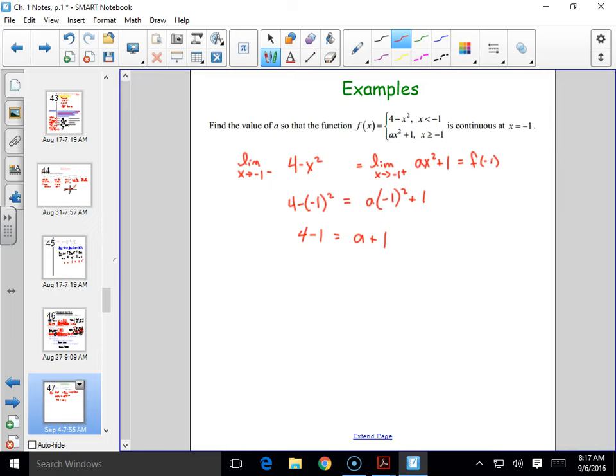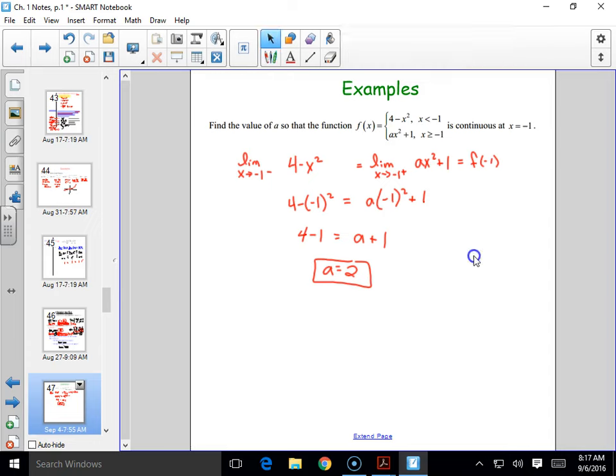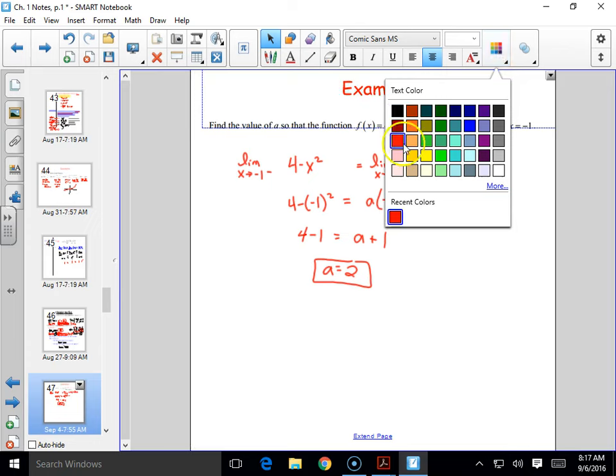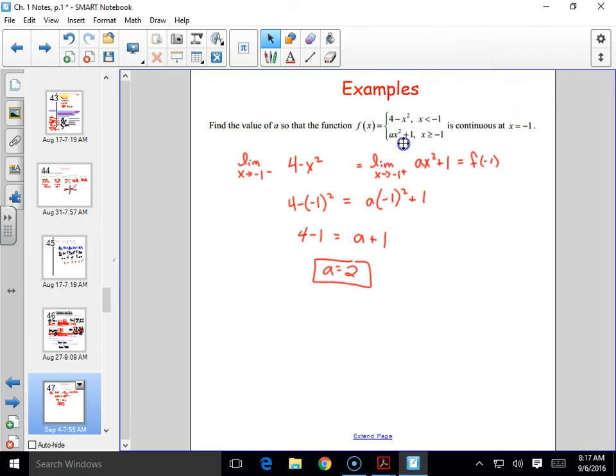I'm just going to make sure that we have no questions before doing an example like homework and then checking the evens. 4 minus 1 is 3. 3 take away 1 is 2. A should be equal to 2. This is a very, very good AP question. They love the whole make it continuous example. To make it continuous.